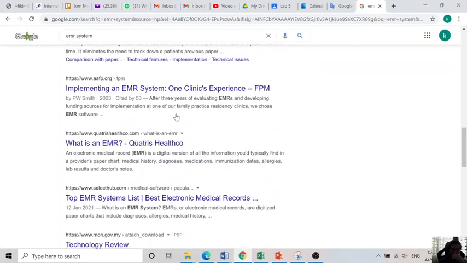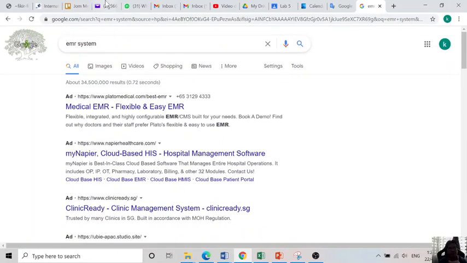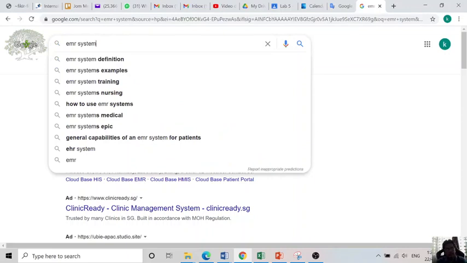So here, for example, what is EMR? Maybe the search is very short and very generic. Maybe you can make your search specific: EMR system adoption.